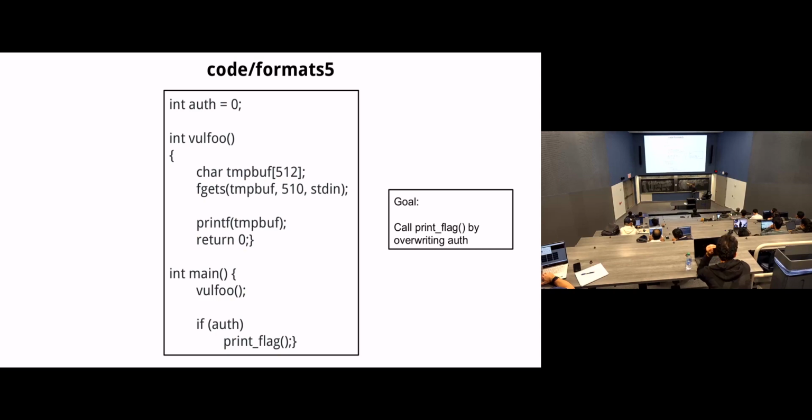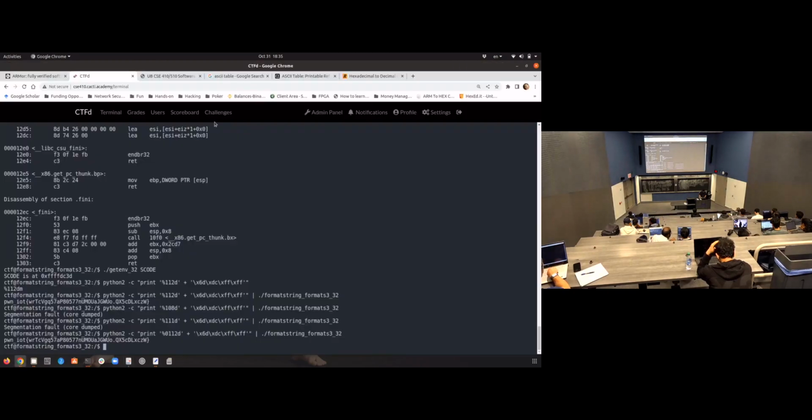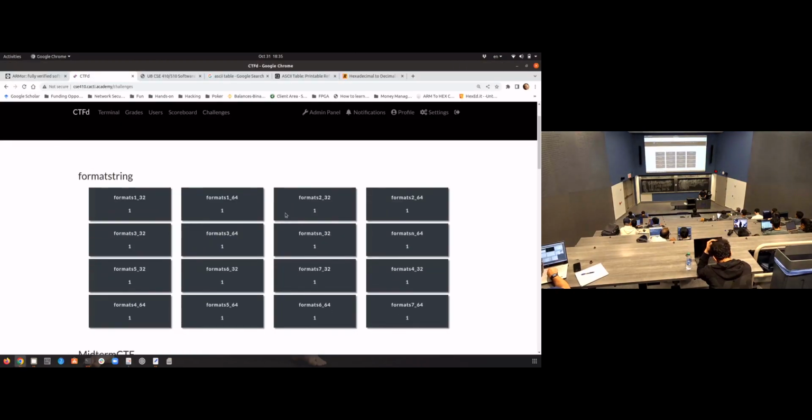Then we change that %x to %n. Then we can overwrite that, right? Let's see. So this one will look like format string 5.